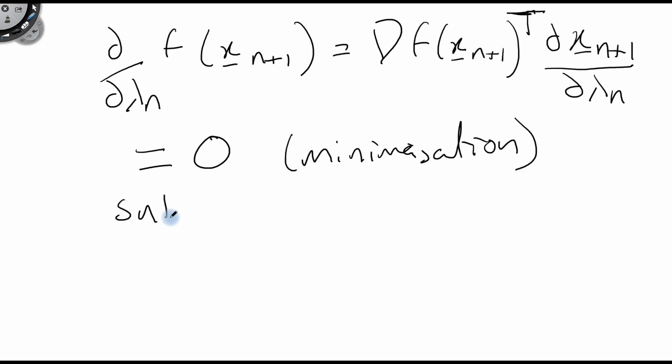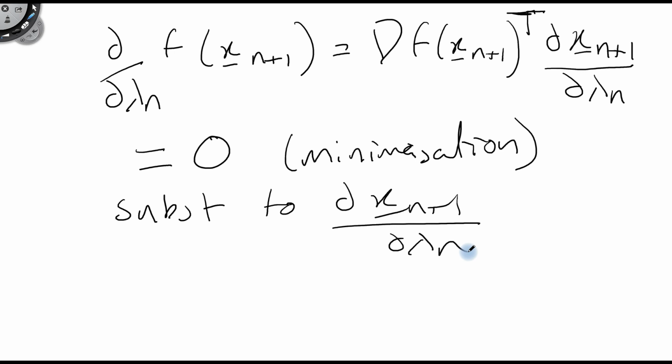So then we substitute for dx n plus 1 by d lambda n. Remember this thing here equals minus grad of f of x of n at the start of the trajectory.